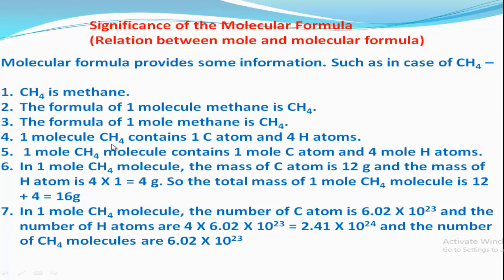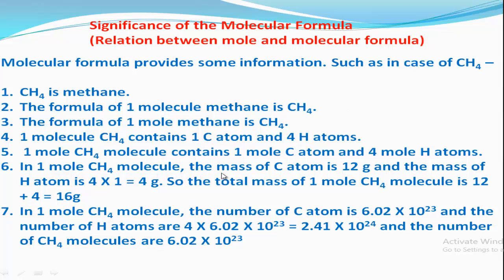By observing this formula, we can easily understand the number of the constituent atoms. And here we can see the number of carbon atoms is 1 and the number of hydrogen atoms is 4. 1 mole methane molecule contains 1 mole carbon atom and 4 mole hydrogen atoms.